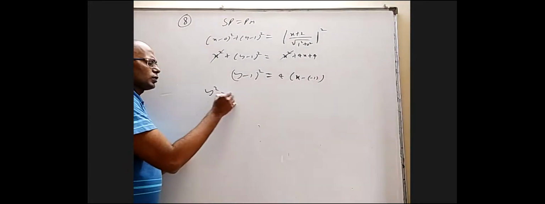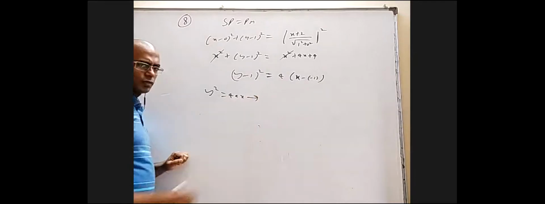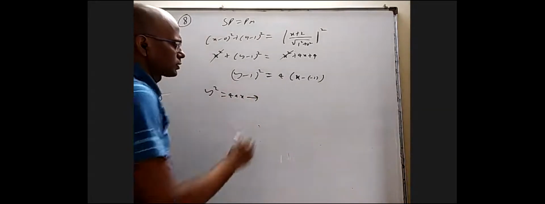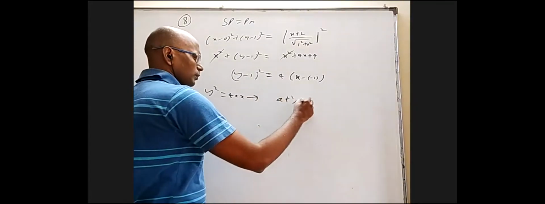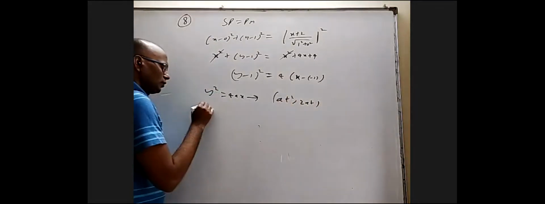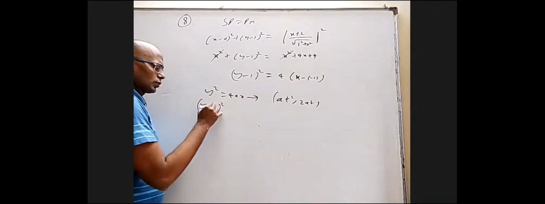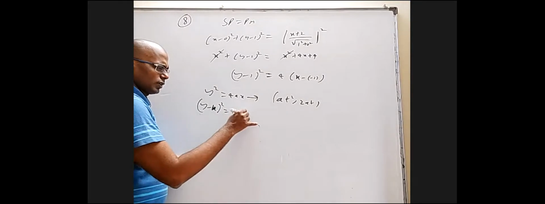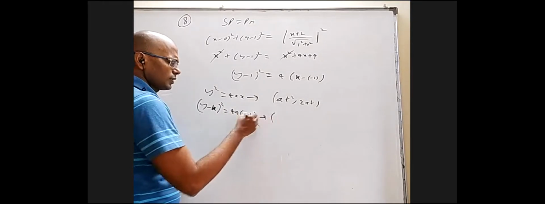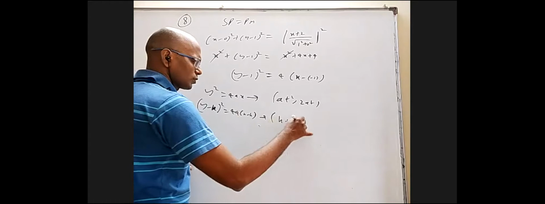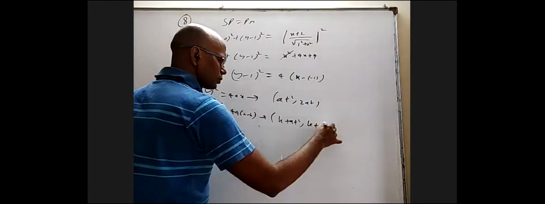For y square equal to 4ax, the parametric form is at square comma 2at. Whereas if you take y minus k whole square equal to 4a into x minus h, then add h and add k. So h plus at square, k plus 2at.